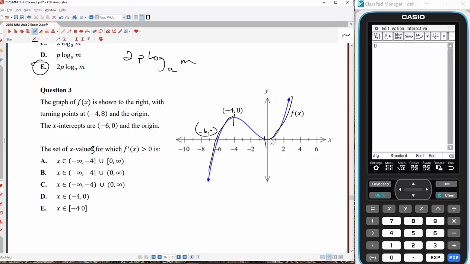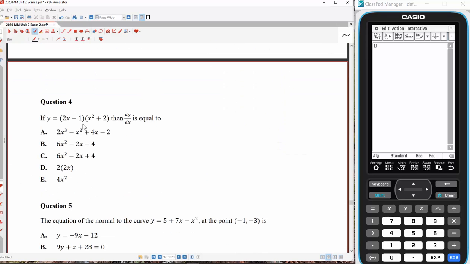Now, we don't include the 0 gradient points because we want where f dash x is larger than 0. So be careful about this question versus a question that asks when something is strictly increasing. So this one's going to be from negative infinity up to -4, not inclusive of -4, 0. There's our answer there.